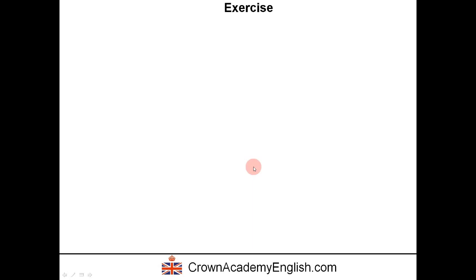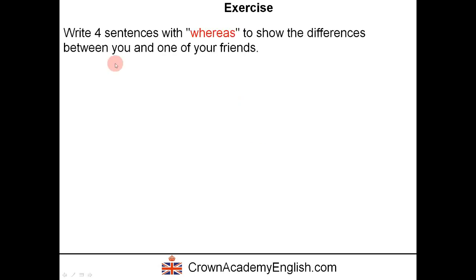Okay, so I've got a little exercise for you. So you'll need a pen and paper. I would like you to write 4 sentences using whereas. So using what you have learned in today's lesson, I want you to write 4 sentences to show the differences between you and one of your friends.